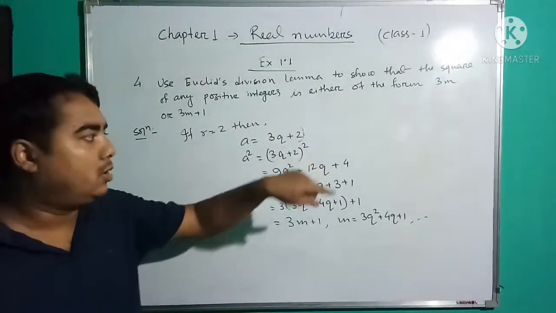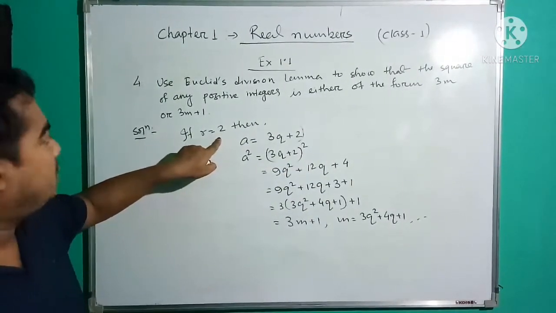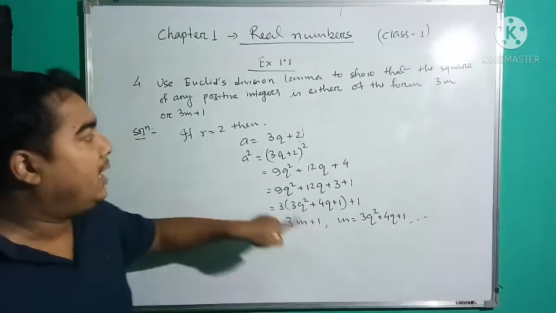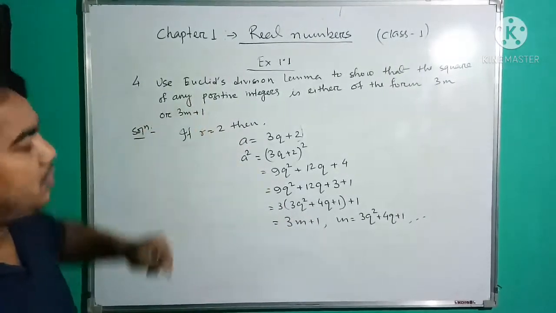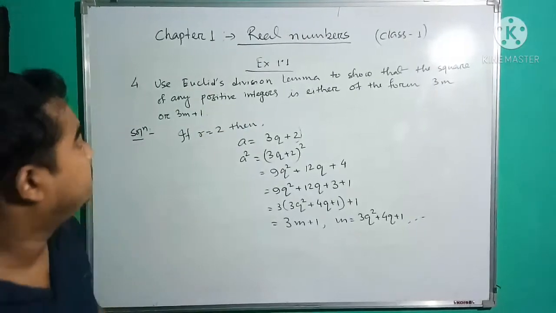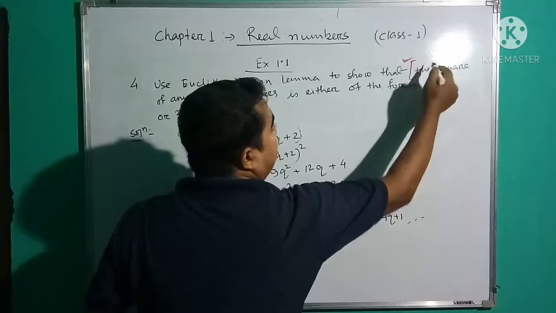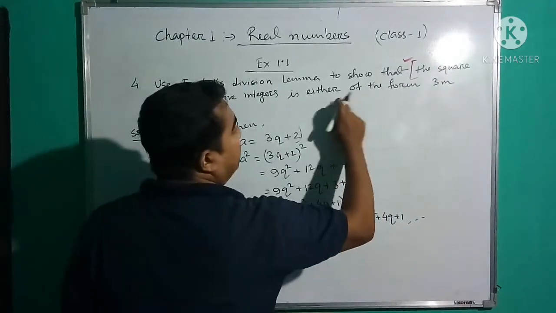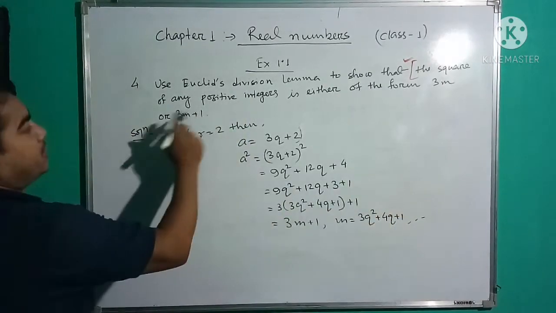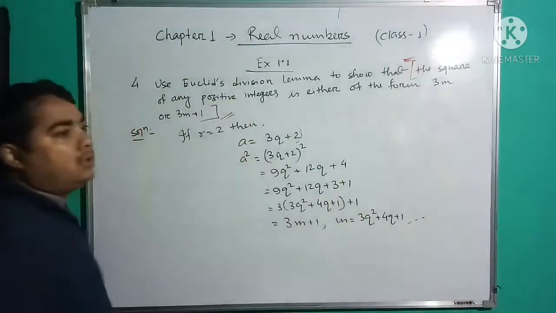In the first step we got 3m. In the second step, if r equals 1, we got 3m plus 1. Again in the third step we got 3m plus 1. So you can write: therefore the square of any positive integer is either of the form 3m or 3m plus 1. At last, this one sentence. Okay, done.